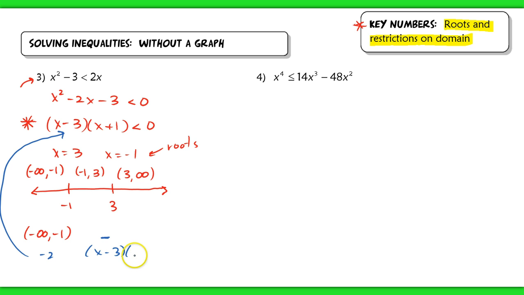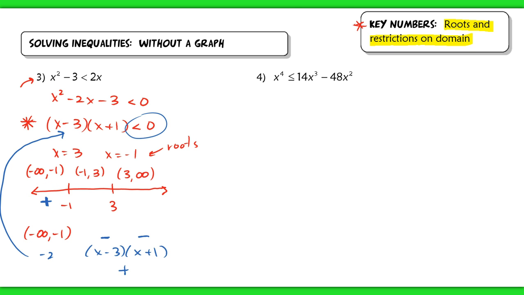If I plug in -2 into x plus 1, this is also going to give me a negative value. So resulting in a negative multiplied by a negative, this turns into a positive, and this is obviously not less than 0, but I'm going to put underneath in this interval that this is a positive value. So anytime I plug something in within this value here, I get a positive answer for my polynomial.